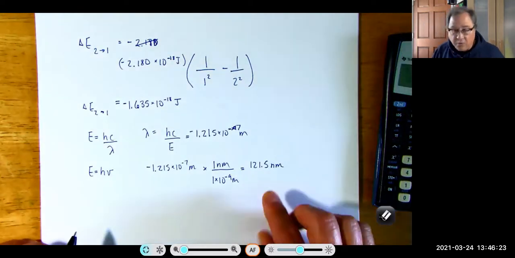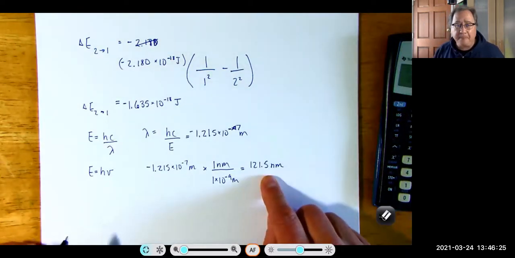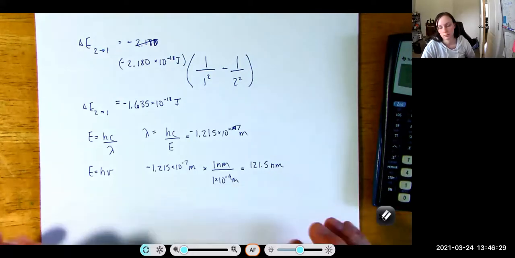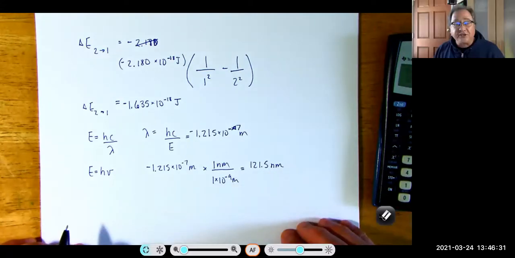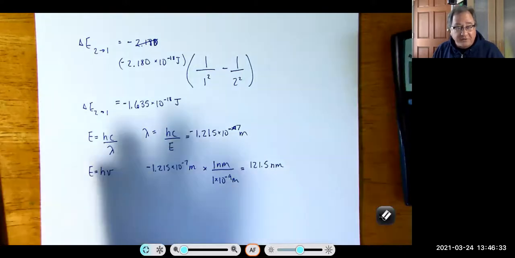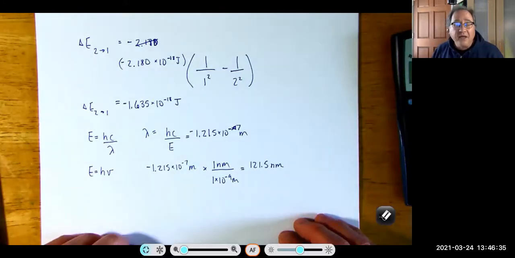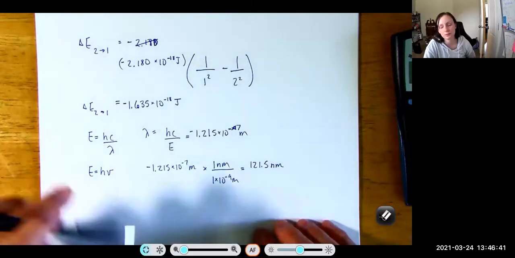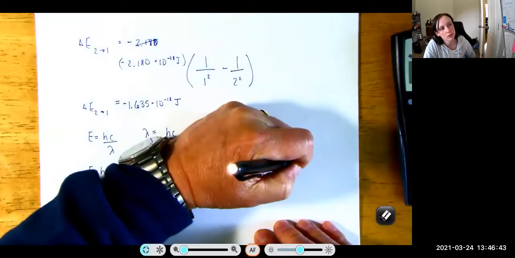Now, is that within the realm of visible light? No, it's a little too short, right? Since it's shorter, that means it's stronger than visible light, right? And what is that thing that's stronger than visible light, but right next to it? Is it UV? Correct. So that's UV light.